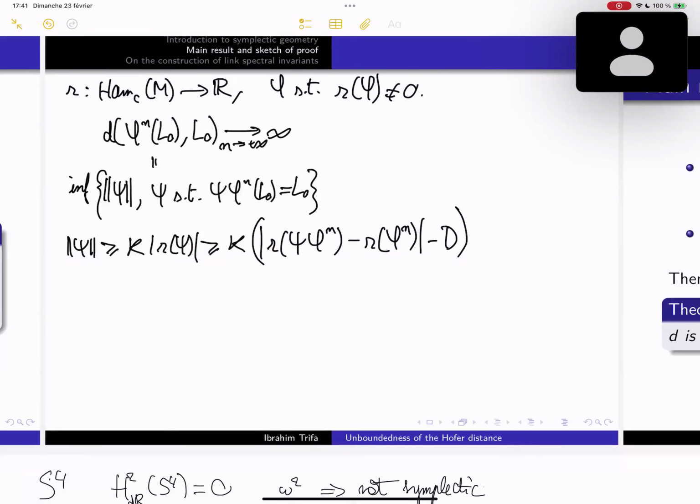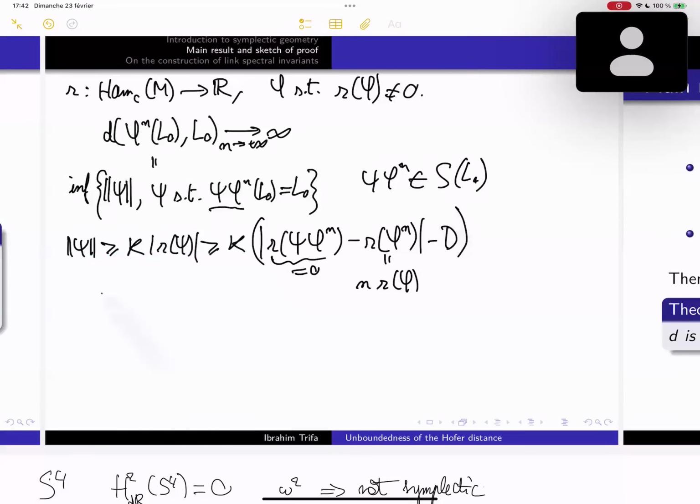And then, by hypothesis on psi, we have here that psi phi^n fixes L0. So psi phi^n is in the stabilizer of L0. And therefore, by assumption on R, this quantity here vanishes. And we also made the assumption that R is homogeneous, so this is equal to n times R of phi.